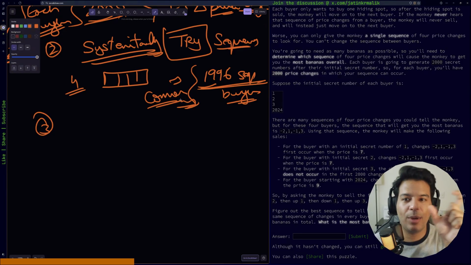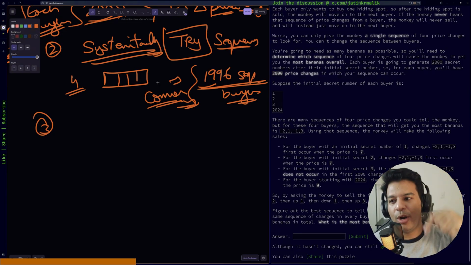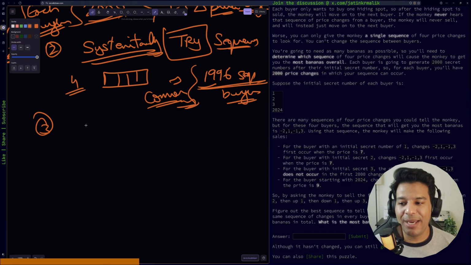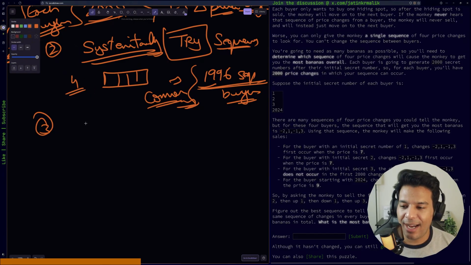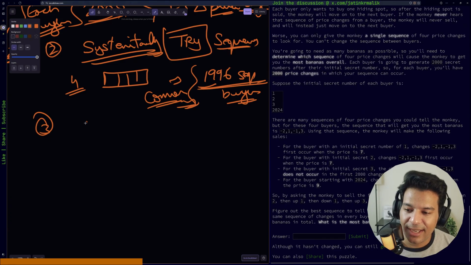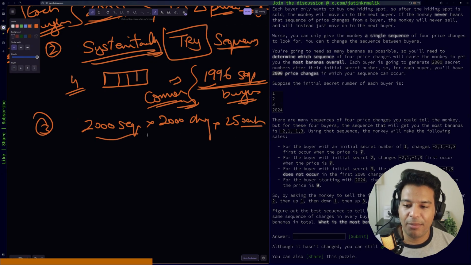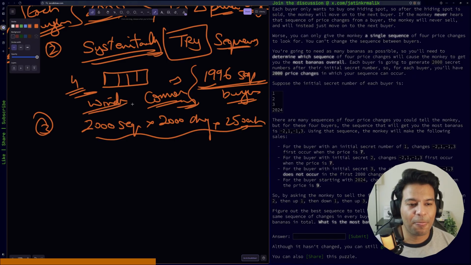But whenever you pick one sequence, you have to run it through all 2500 buyers for all their 2000 changes, which makes it incredibly hard. So you have to basically check around 2000 sequences for 2000 changes for 2500 buyers, and you have to do it multiple times at a window of 4 at one time.